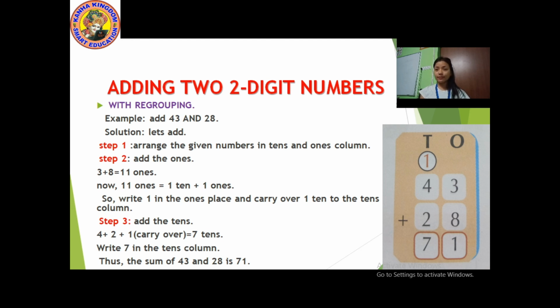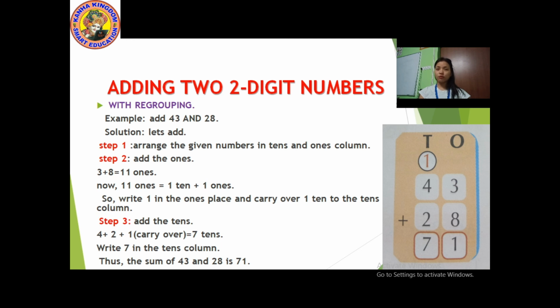While adding 4 plus 2 plus 1, we get 7 tens. So we write 7 in the tens column.